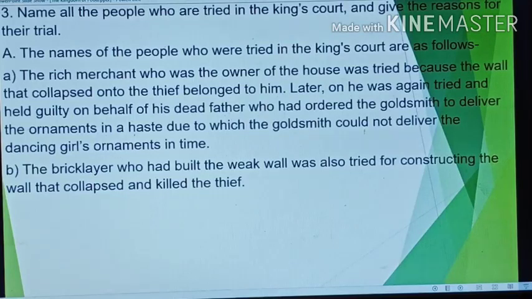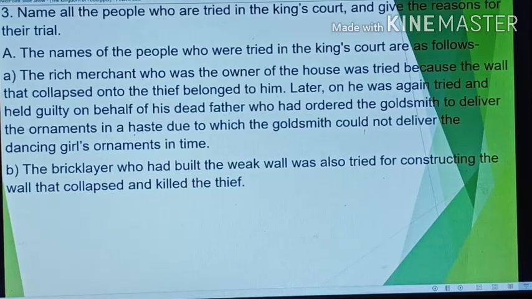Name all the people who are tried in the king's court and give the reasons for their trial. The names of the people who were tried in the king's court are as follows. A. The rich merchant who was the owner of the house was tried because the wall that collapsed, which fell onto the thief, belonged to him.